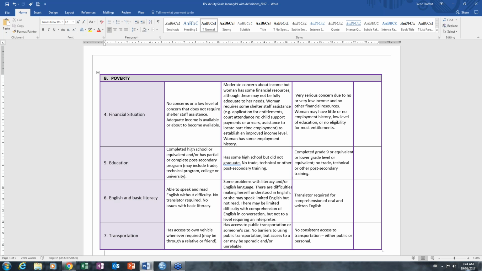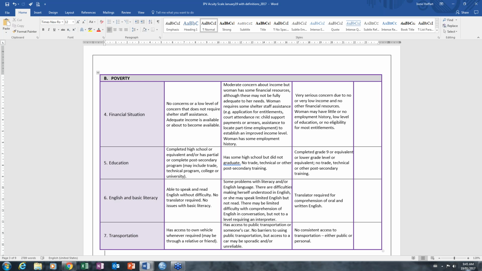And you can see there are 4 key elements related to poverty that your shelter directors, when they participated in development of the scale, had identified as critical. First is the financial situation. Here we are not really looking at how much money they make or what the source of money is.